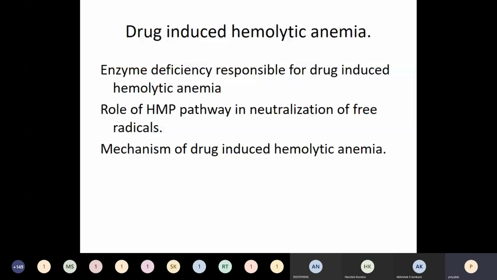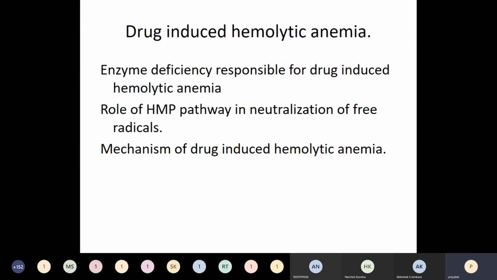This enzyme is actually an enzyme of the HMP pathway. So what is the role of the HMP pathway, specifically that enzyme, in neutralization of the free radicals, and the mechanism of drug-induced hemolytic anemia? How does the deficiency of this enzyme cause drug-induced hemolytic anemia? Under this heading you have to write.